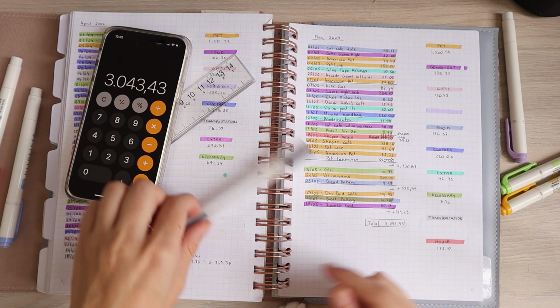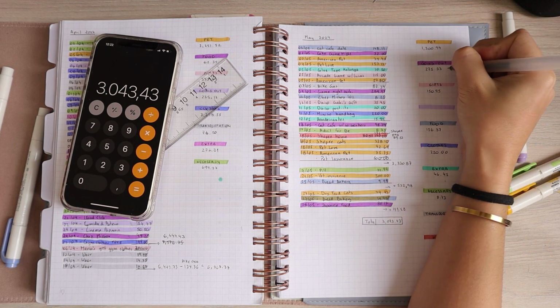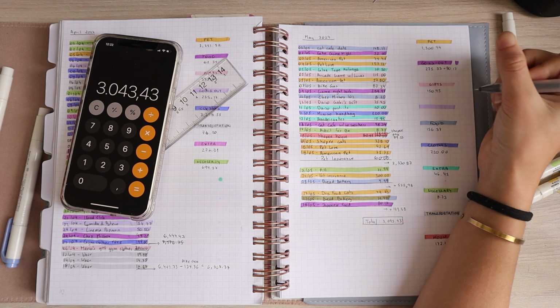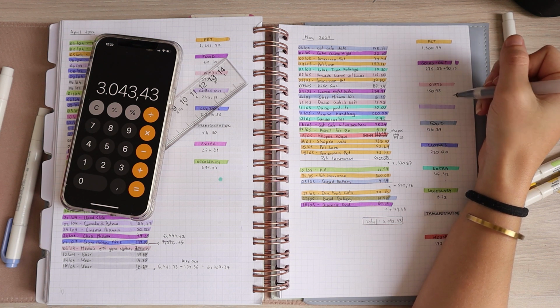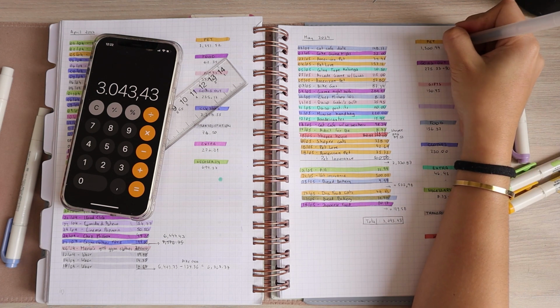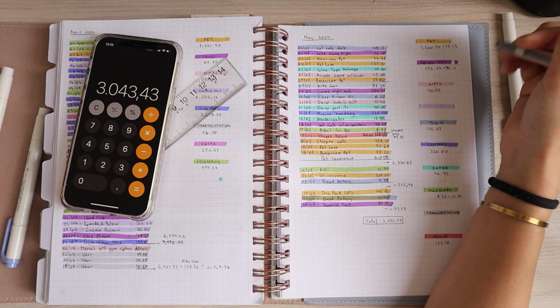Now let's add everything that we spent here. So this is going to be this plus 1 plus 80 and 17. Gifts, I didn't spend anything else. Necessity, I did spend $22.99 here. For pets, I did spend $79.43 extra.